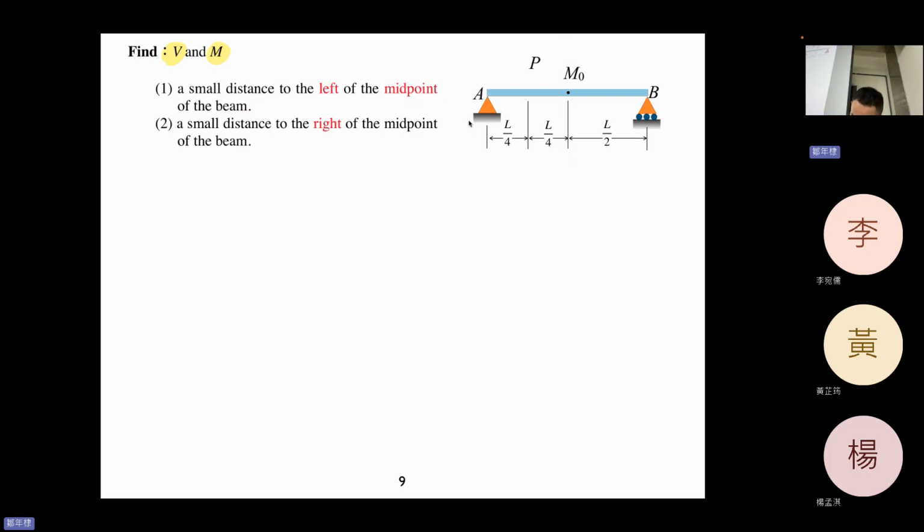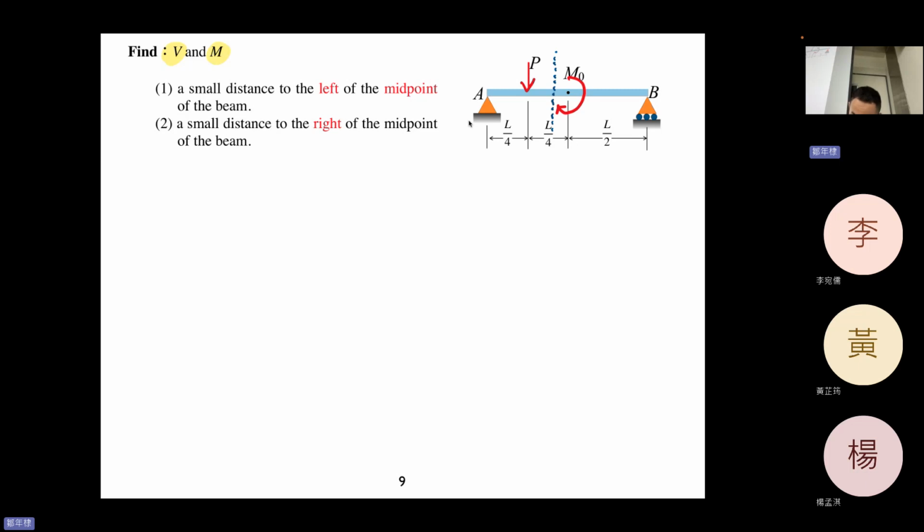Here, there's a force at quarter of the length, and M0 at the center of the beam. Now, the first question is that we want to know the V and M slightly to the left of the midpoint.